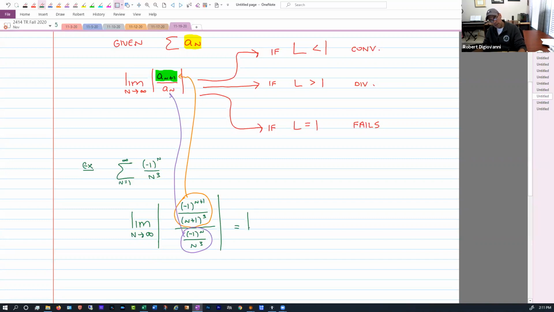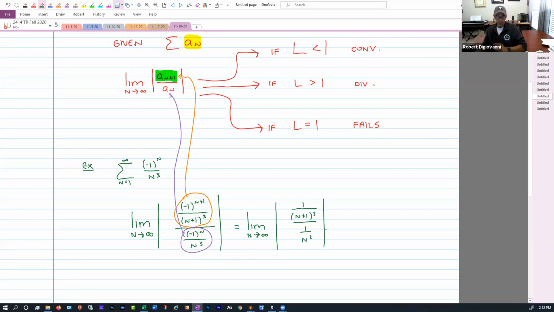Now, do I really need to care about the -1s anymore? No. Taking the absolute value, it's not going to matter, so I'm just going to get rid of those. So I get 1 over (n+1) cubed over 1 over n cubed.